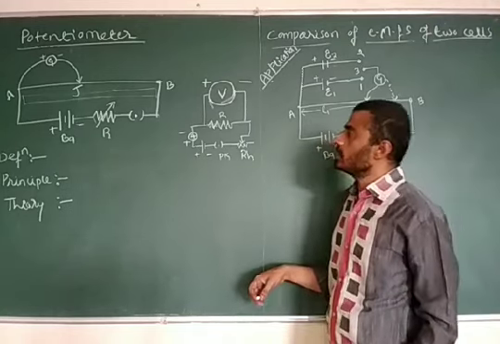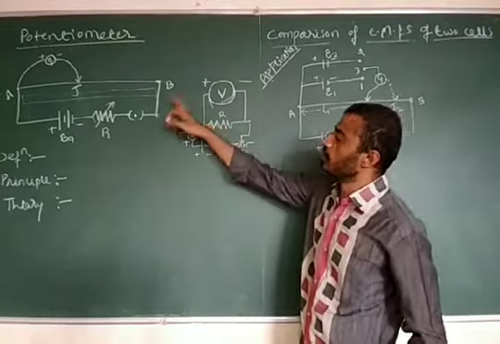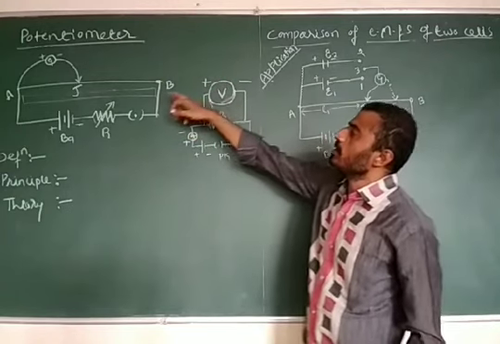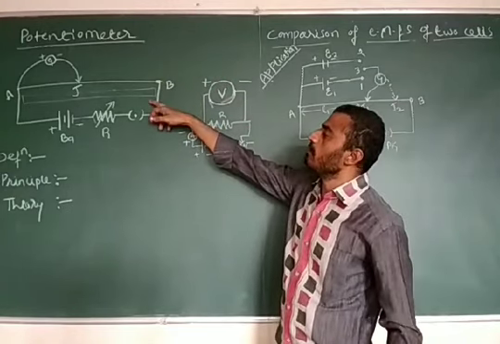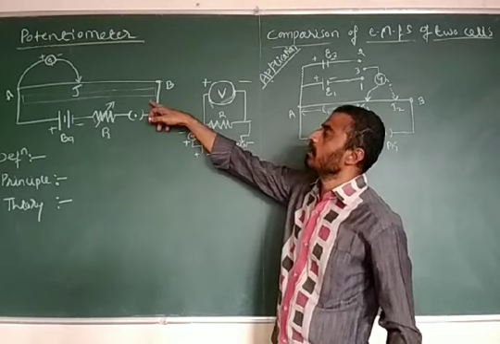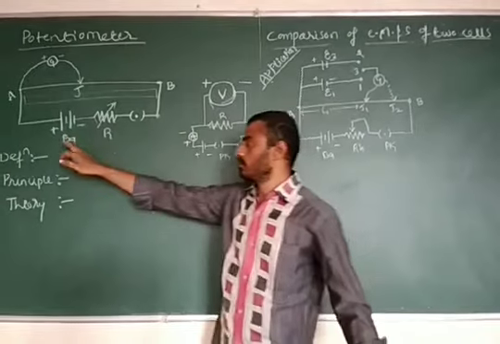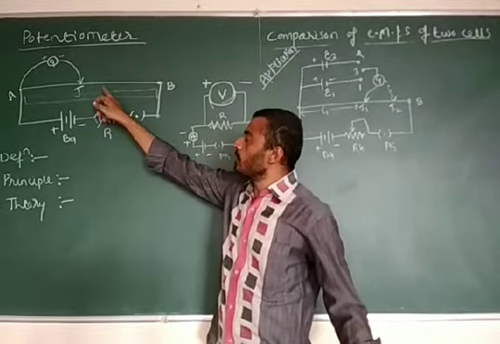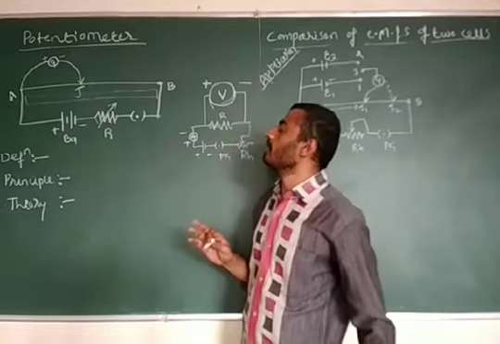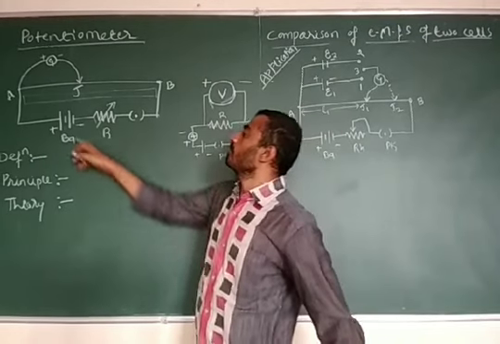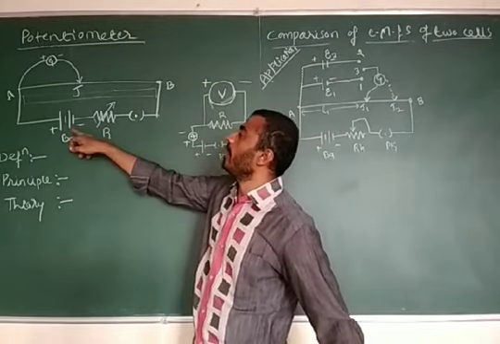What difference is there between a voltmeter and a potentiometer? When you use a potentiometer to measure the EMF or potential difference, it does not draw any current from the source, from the battery.